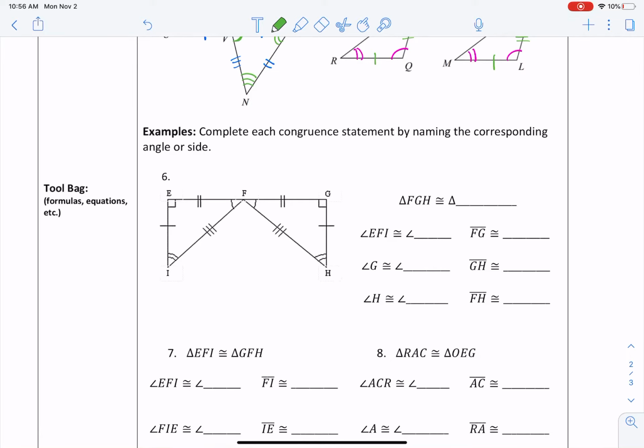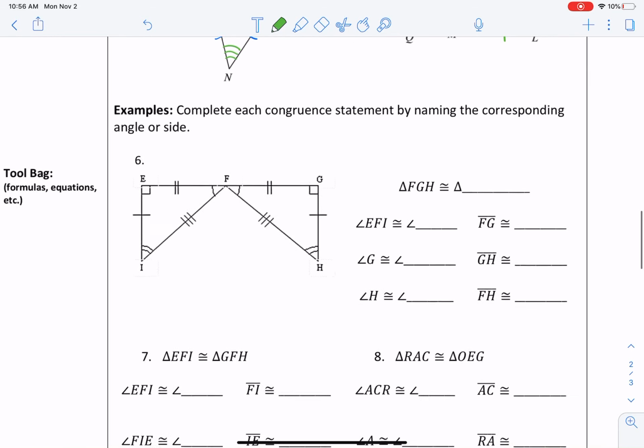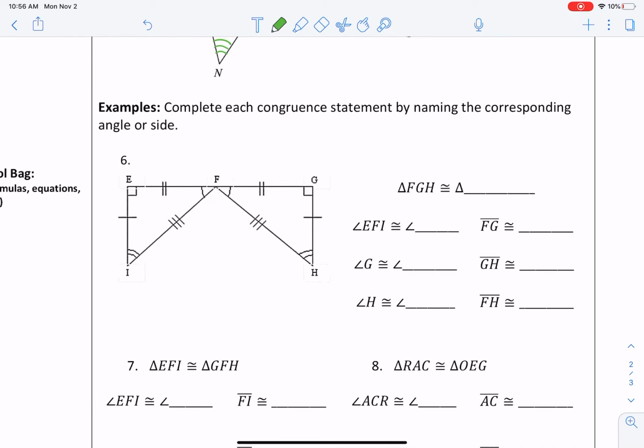Remember that it's not direction as much as order that allows us to say what we're trying to match. So I have triangle FGH. That means that my other triangle, I go from 1 to right to 2, so 1, right, 2 is triangle FEI. Angle EFI matches GFH.